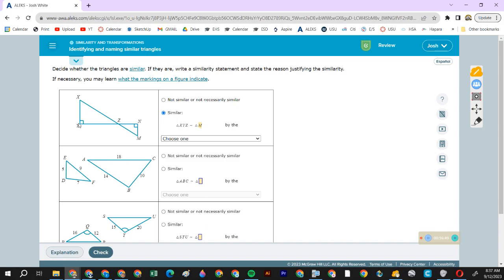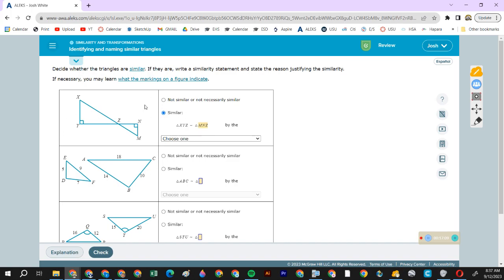So Y matches up with N. And then Z matches up with Z. So this statement is written in a very specific order. X lines up with M, Y lines up with N, Z lines up with Z.